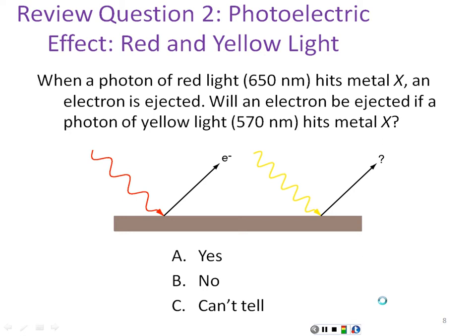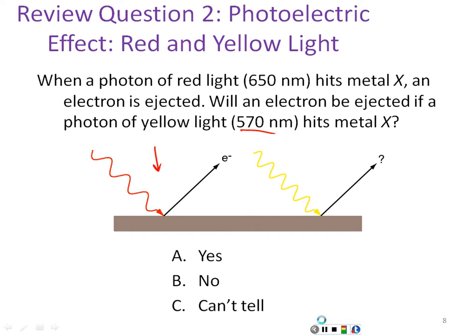When a photon of red light at 650 nanometers hits metal X, an electron is ejected, shown here. Will an electron be ejected if a photon of yellow light, wavelength of 570 nanometers, hits the same metal? To answer this question, we don't really have to do any calculations.